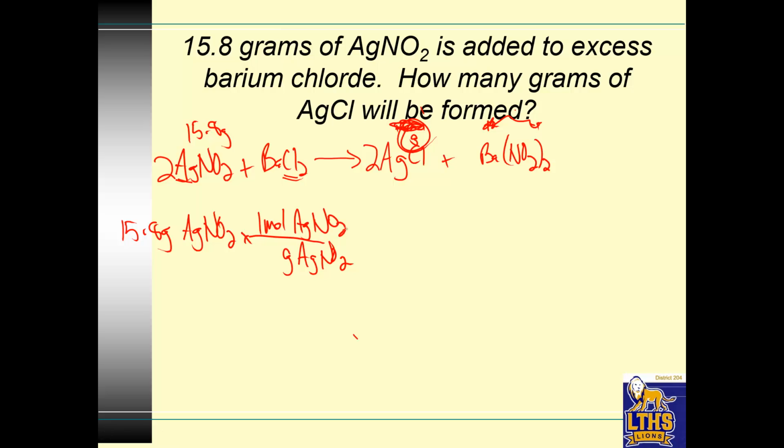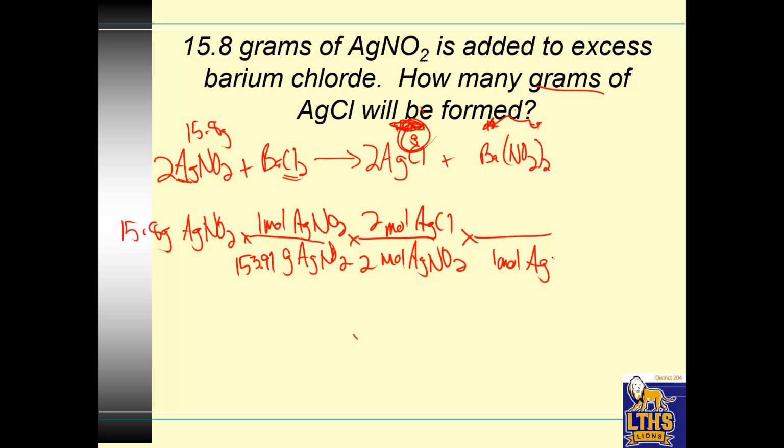Silver is 107.90 on my periodic table, plus 14.01 for nitrogen, plus 32 for oxygen, and I got 153.91. And then I'll have moles of AgNO2, and I want to figure out moles of AgCl. 2 and 2. And I do want grams, so I have to go one more step. 1 mole AgCl, canceling that, bam, to grams of AgCl.